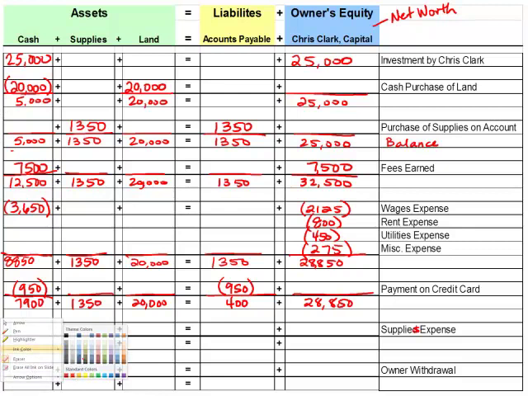We want our balance to be what we actually have, which is 550. So we need to subtract out 800. He used $800 worth of the supplies. We're also going to subtract it from the equity because it's an expense, supplies expense.